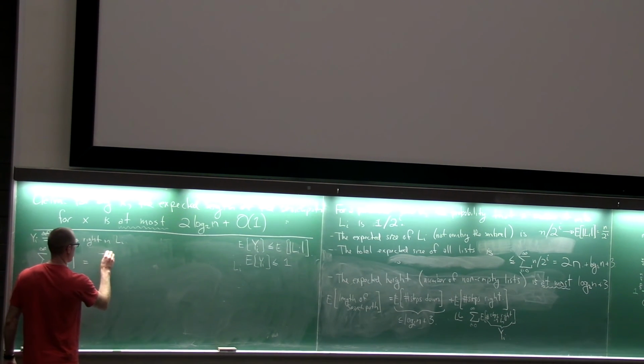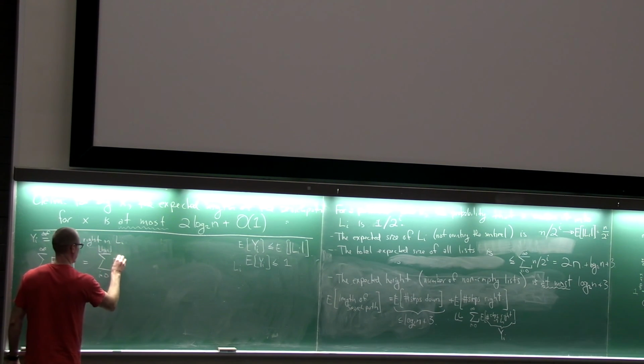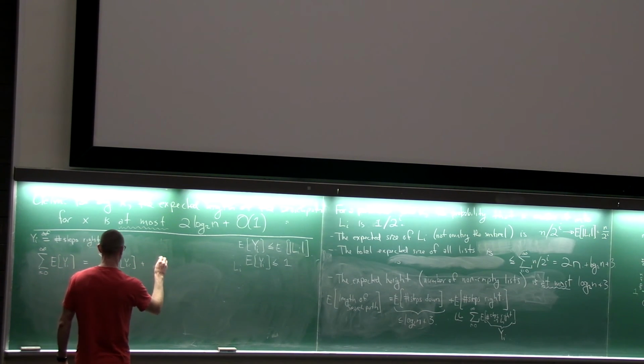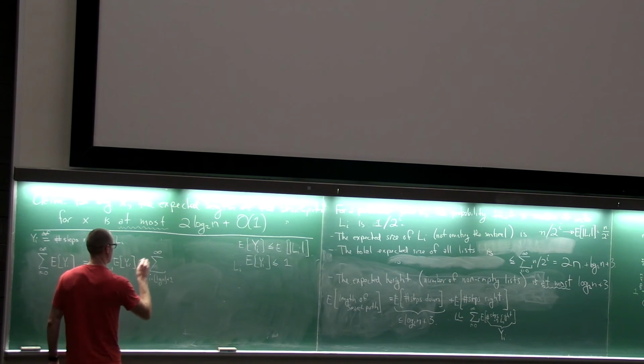And we split that sum into 2 parts. One of them goes from 0 up to the floor of log n. The other one goes from 1 up to infinity.